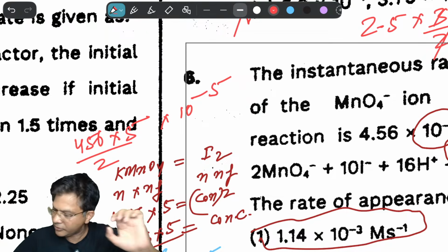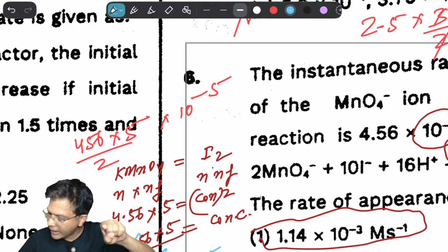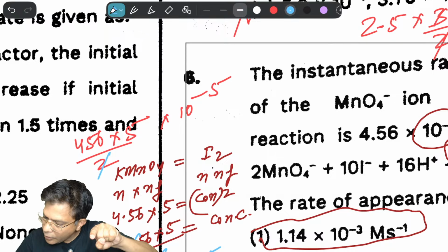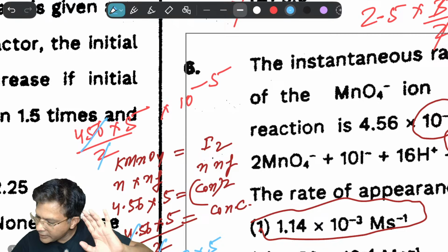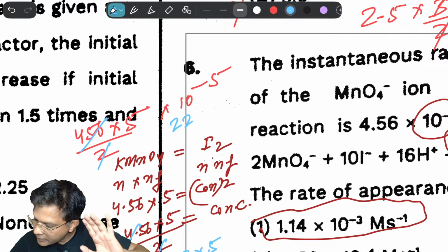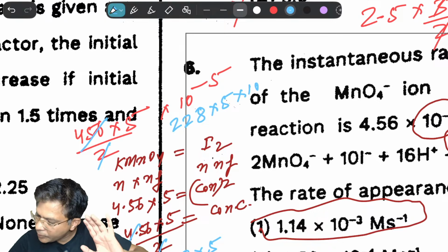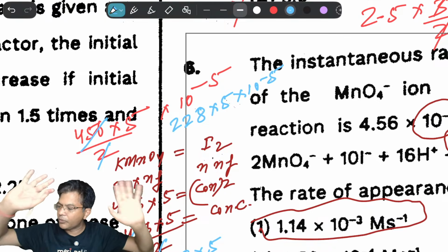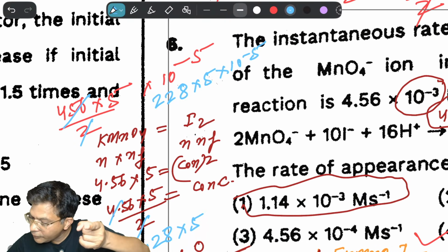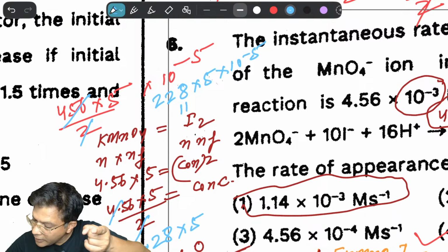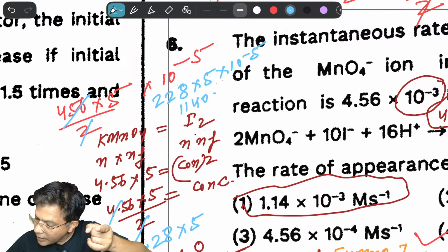Just see the maths. Now you are supposed to calculate, half of 456 is 228. 228 into 5 into 10 raised to power minus 5. Neat calculation. 228 5s are 1140. 1140 into 10 raised to power minus 5.